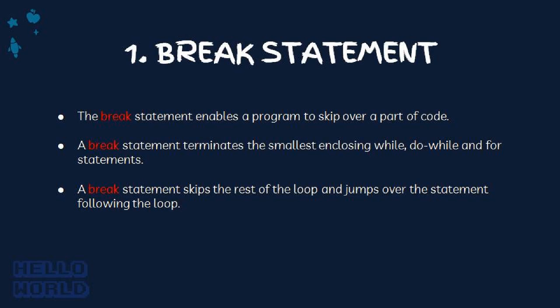Break statement. The break statement enables a program to skip over a part of code. A break statement terminates the smallest enclosing while, do while, and for statements. A break statement skips the rest of the loop and jumps over the statement following the loop.